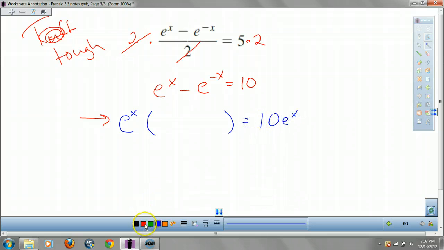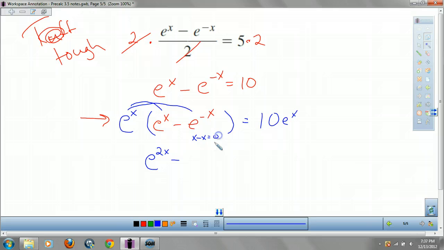Okay? What's e to the x times e to the x? You multiply, you add your exponents, right? Nice. What's e to the x times e to the negative x? Well, what's x minus x, guys? 0.